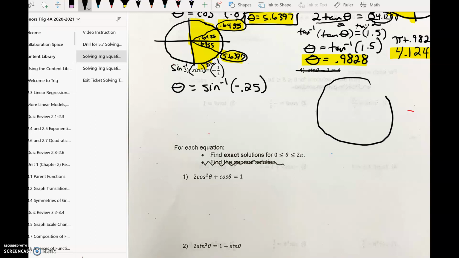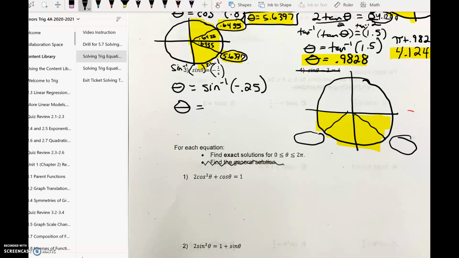This is where I then draw my unit circle and I determine which quadrants must my answer be in. Well, where is sine, which is the y-coordinate, negative? That happens in the bottom of my unit circle. So I know that I'm going to have a quadrant 3 and a quadrant 4 answer.